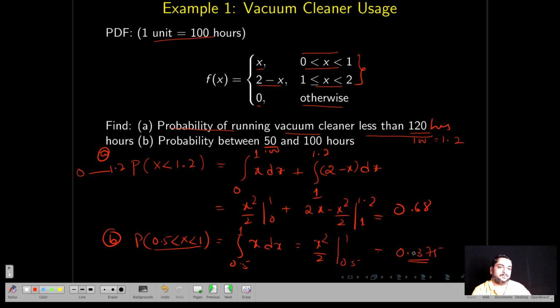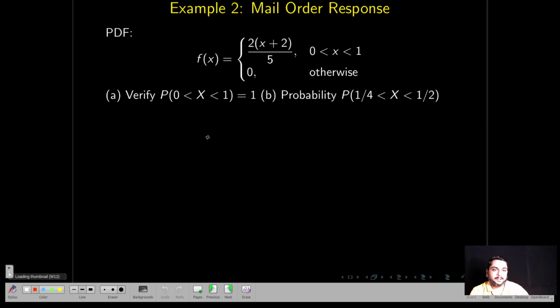This is how you have to observe and solve the problems. Next, they have given another density function here. Verify whether this in the interval is equal to 1, that is, is it a PDF? That is what they are asking. So just integrate. Integration of 2 by 5, keeping the constant outside, x plus 2 dx in the interval 0 to 1.